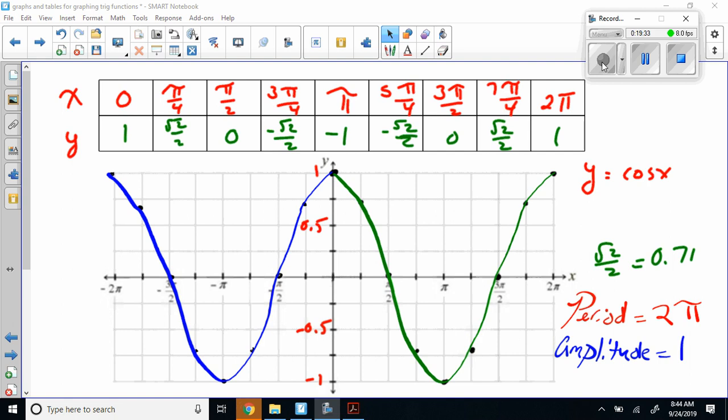What inferences could you make for tangent? What do you think its amplitude is going to be? Huh? 1. What do you think its period is going to be? Okay. All right. Well, let's see. Y'all ready?